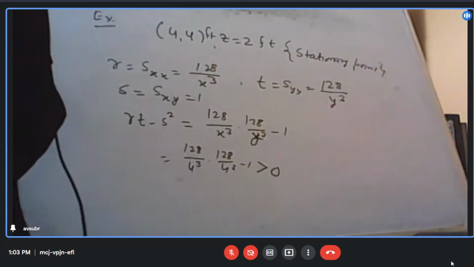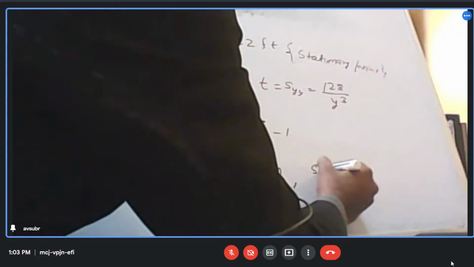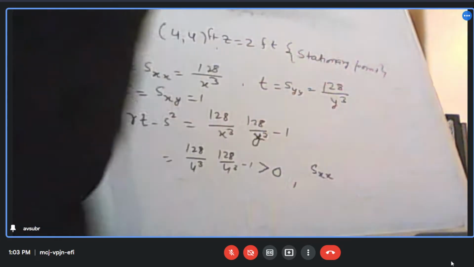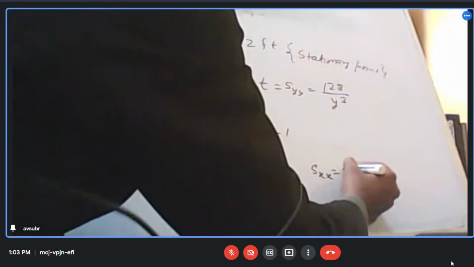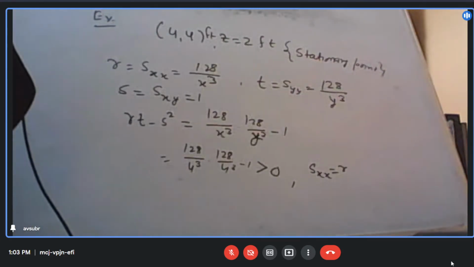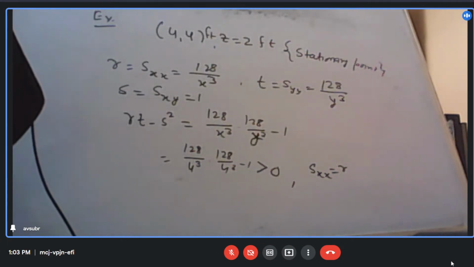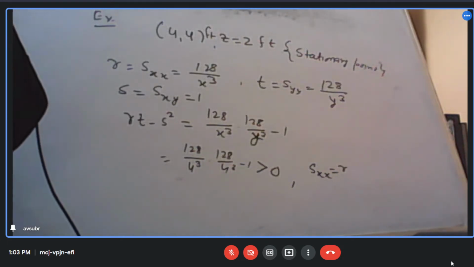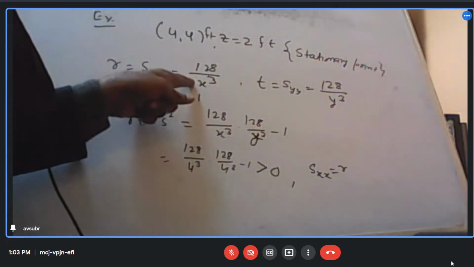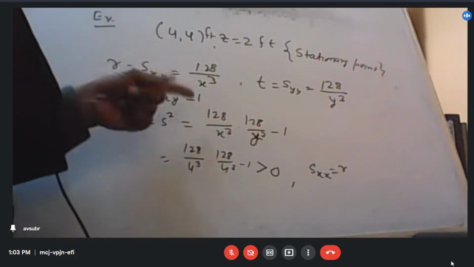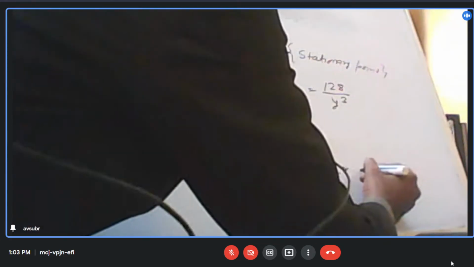What about s_xx, that is R? This is 128 by x cube, greater than 0.